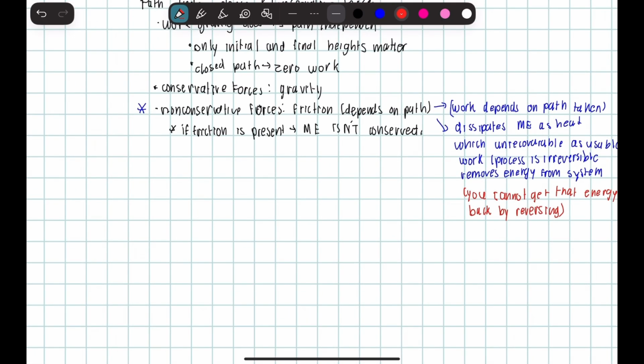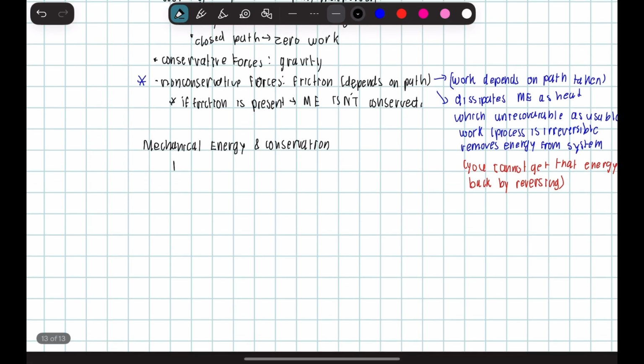Mechanical energy and conservation. So remember that mechanical energy is represented as E is equal to kinetic energy plus U, and that gravitational potential energy is the formula U equals mgh.